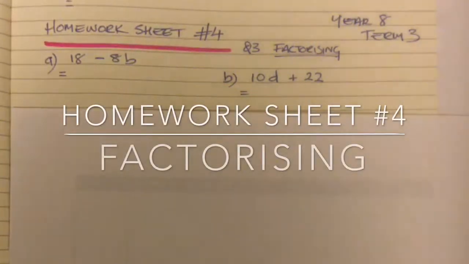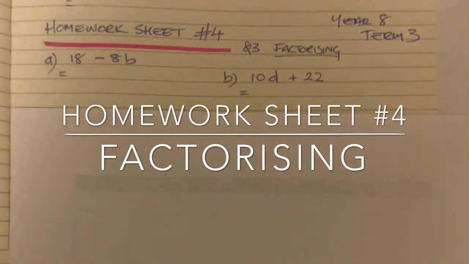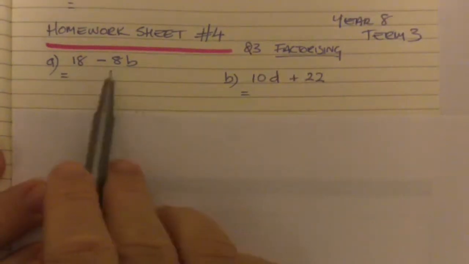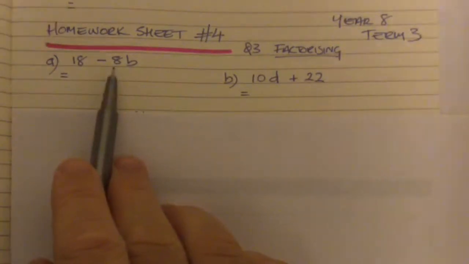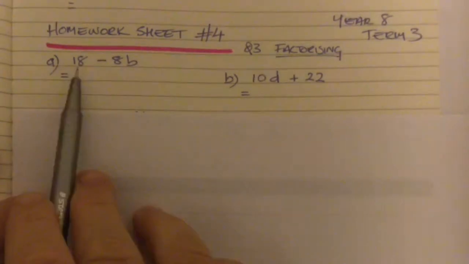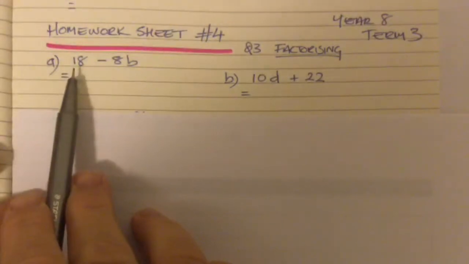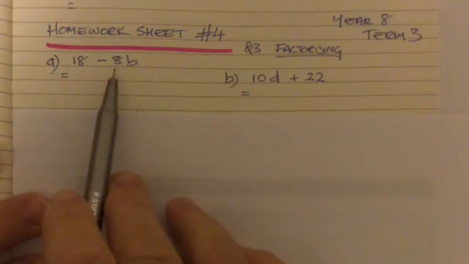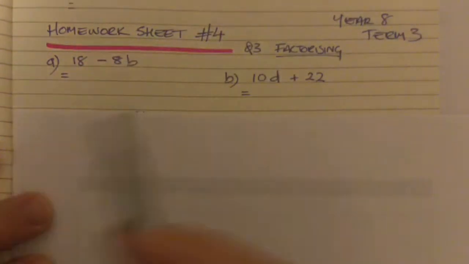So on to question 3, and we're doing a bit of factorising now, so the opposite process of distributing that we just worked on. The first one here, we're looking at these two numbers, 18, and we're subtracting from that 8b. We think about the factors of 18 being 2, 3, 6, 9, and over here we've got factors being 2 and 4 as well.